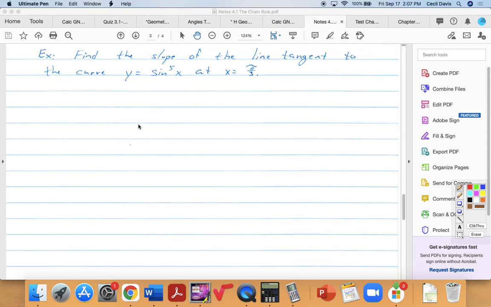Sine of x to the fifth. Yeah, and when you say sine of x to the fifth, the problem is it sounds like it's the x to the fifth. It's really sine of x, parentheses, to the fifth. Sound effects optional. Okay? So y is equal to sine of x to the fifth.